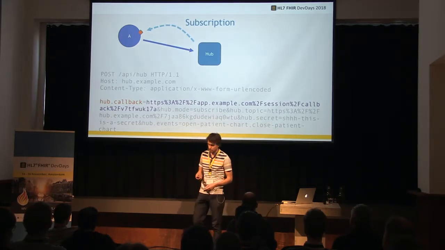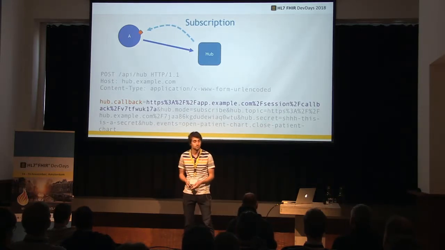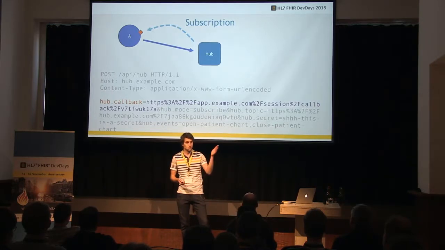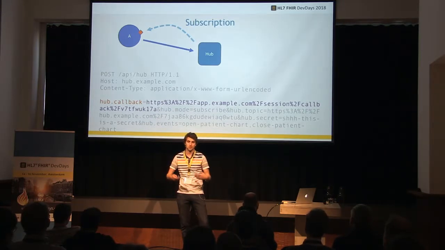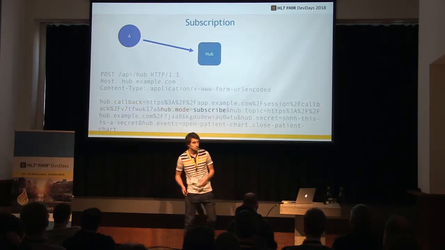The value for the hub callback is a URI, and the URI is unique for every subscription, so it shouldn't be guessable. You shouldn't be able to know where the hub is sending stuff as callbacks.